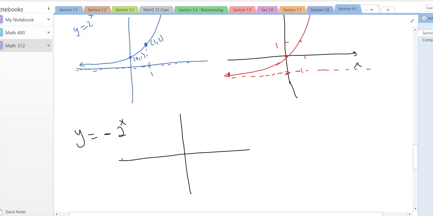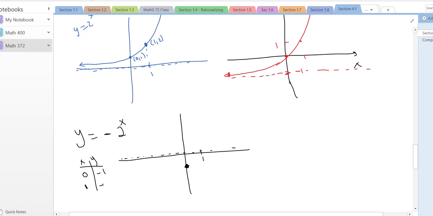The horizontal asymptote will still be 0, but now notice our y-intercept. When x is 0, you're going to have negative 2 to the 0. 2 to the 0 is 1, so you're going to get negative 1. So this is now my y-intercept. You can plug them in here, x and y. When x is 0, you get negative 1.